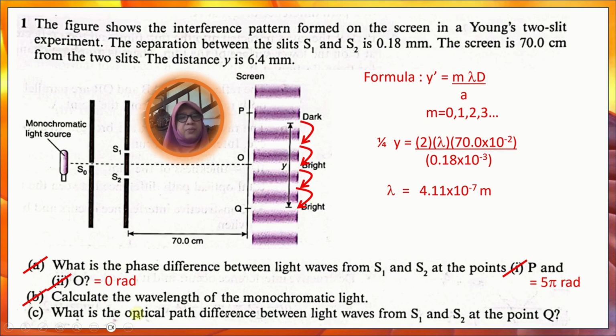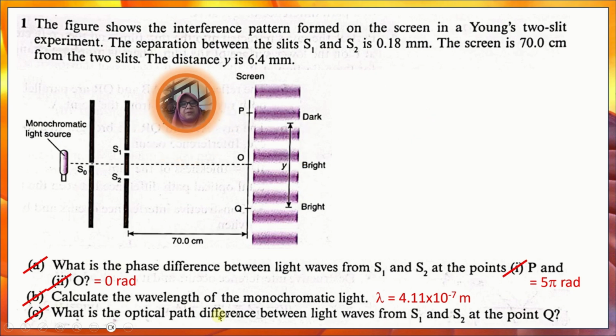Okay, question C. What is the optical path difference between light waves from S1 and S2 at point Q? So now we look at point Q. The optical path difference: S1 to Q, and another one is S2 to Q. So the path difference will be S1Q minus S2Q, because S1Q can be seen here in the diagram is longer than S2Q.